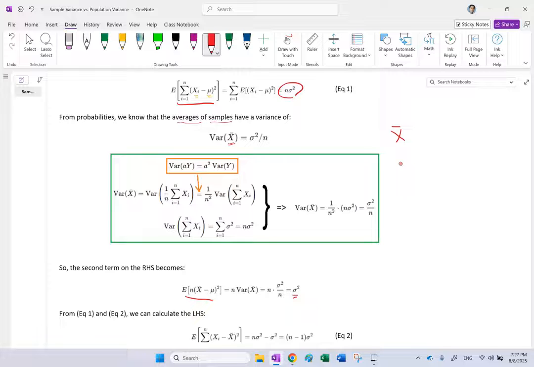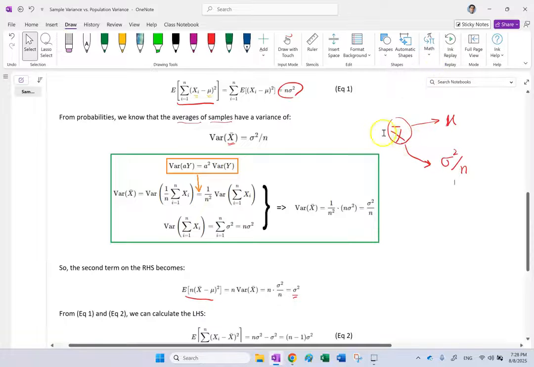If you look at all of these averages of these different samples, you can say this is its own random variable, where the average of all of these x bars is mu, but the variance of them is sigma squared divided by n. So the variance of the sample averages is not sigma squared, it's sigma squared over n. The variance of the original data is sigma squared, but the averages of the samples have a smaller variance, sigma squared over n.